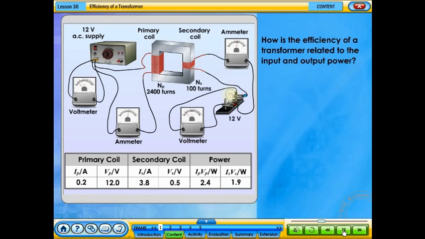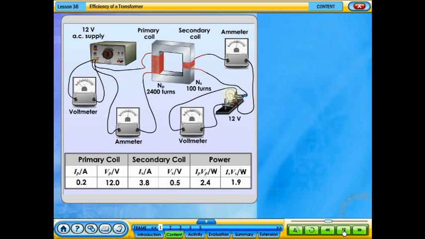How is the efficiency of a transformer related to the input and output power? What is the efficiency of the transformer used?